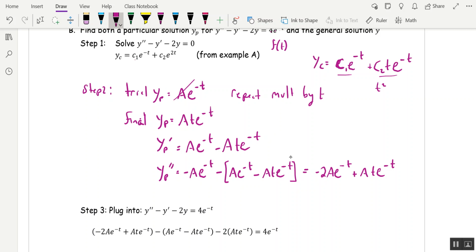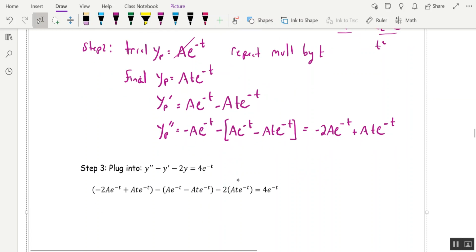Okay, step 3, plug in. And I've done some of this for us. Go to the original differential equation, and y double prime gets replaced with yp double prime, y prime gets replaced with yp prime, and y gets replaced with our final yp. So I did that, and now what I want to do is combine like terms. So I want to combine the coefficients of e to the negative t and t e to the negative t.